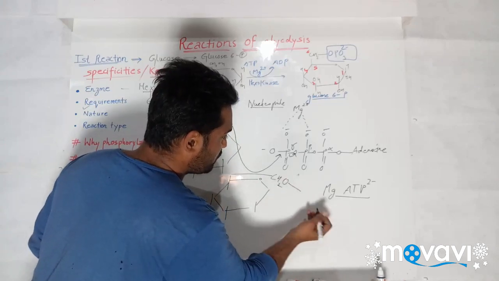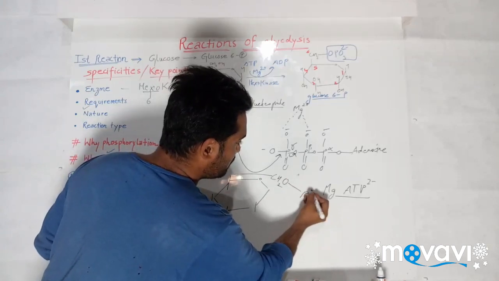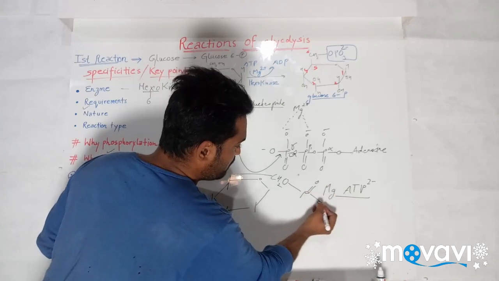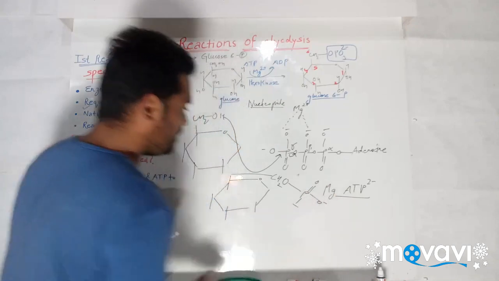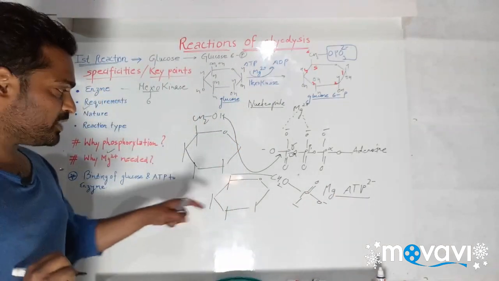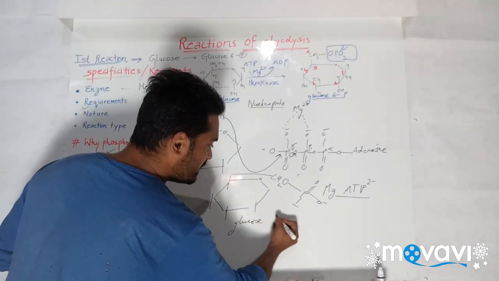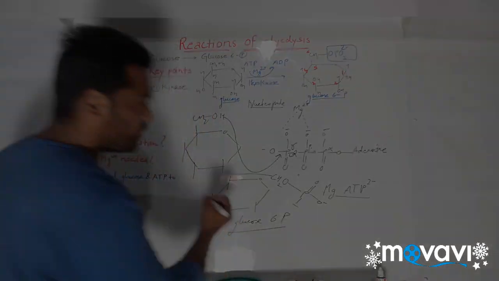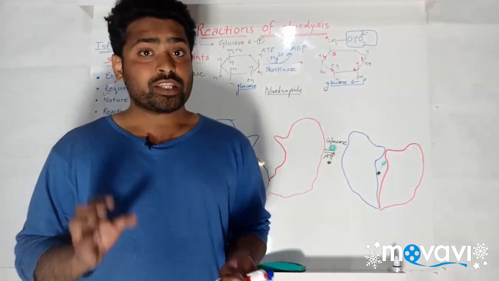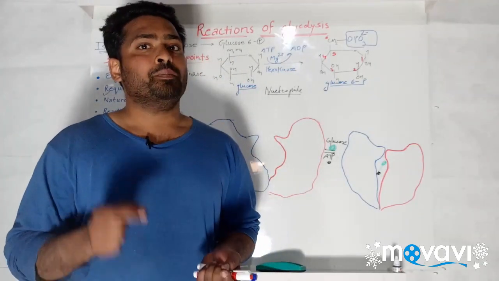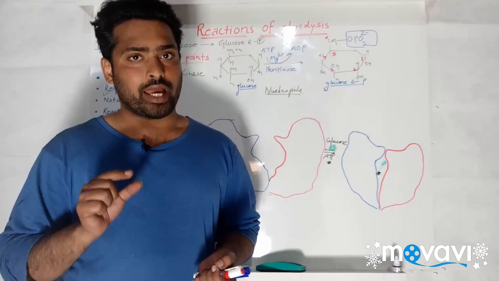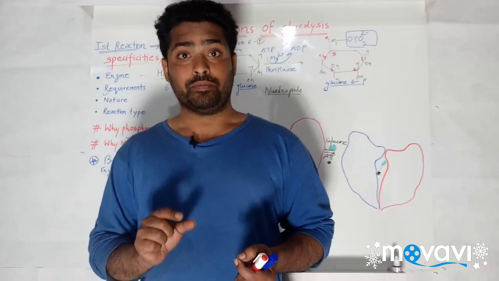It is phosphorylated this way. So this is the phosphorylation of glucose. So this is our glucose 6-phosphate. Now there is something more to know about the binding of glucose and ATP to the enzyme.